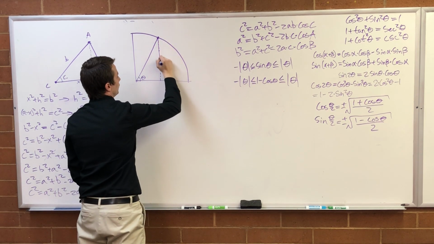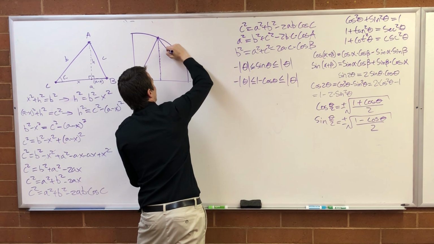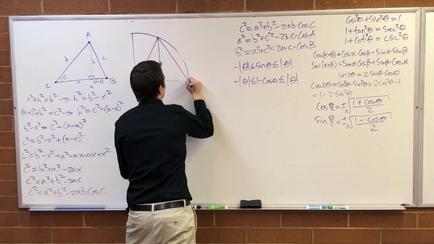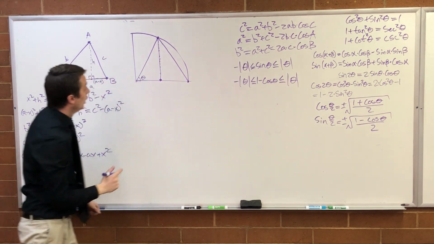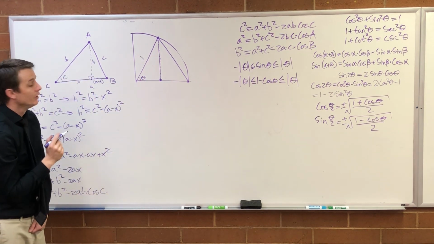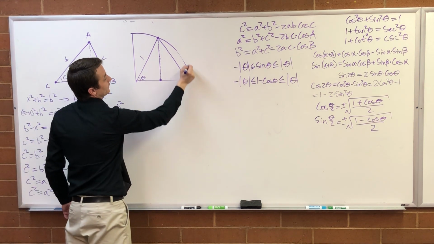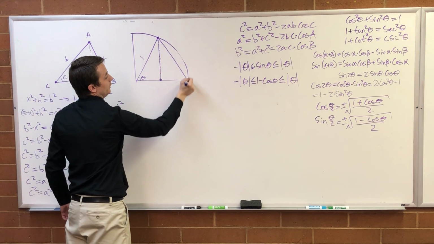Well, maybe I'll just draw the triangle and then get you to see it. Okay, draw that triangle, draw this triangle. And this is on a unit circle, so radius 1. So first thing to notice, on a unit circle with radius 1, what is this distance right here? From here to here.